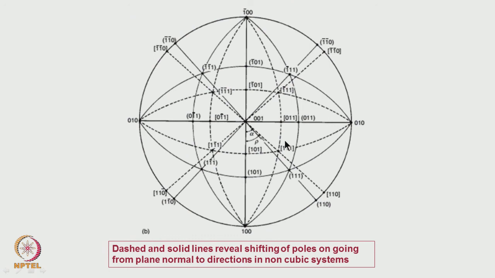So essentially one has to be careful, because compared to a cubic system, one can just visualize the complexities creeping in. Here you see this is the great circle corresponding to the planes for a non-cubic system, and this is how it is for the directions. The indices remain the same, but the poles corresponding to planes and the poles corresponding to directions are not the same.